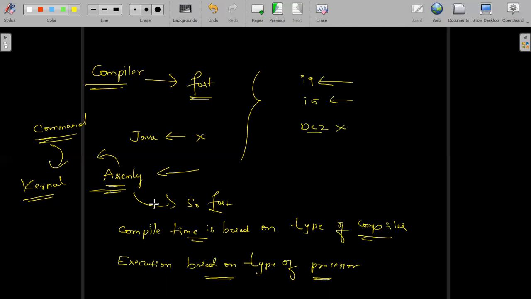That is the reason why, when it comes to time complexity, you have to take care of two things: the compiler as well as the runtime, that is the processor. Compile time is based on the type of compiler. If you are using a bad compiler, nothing but a slower compiler, then execution will take a lot of time.